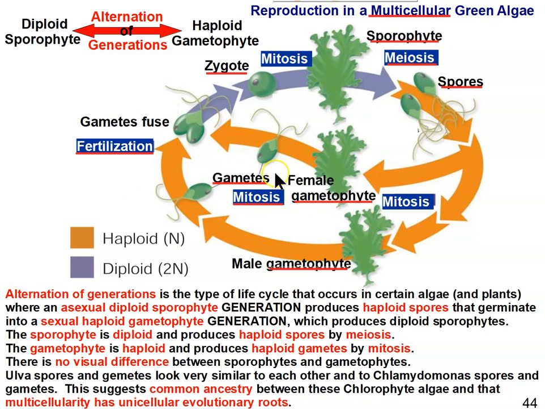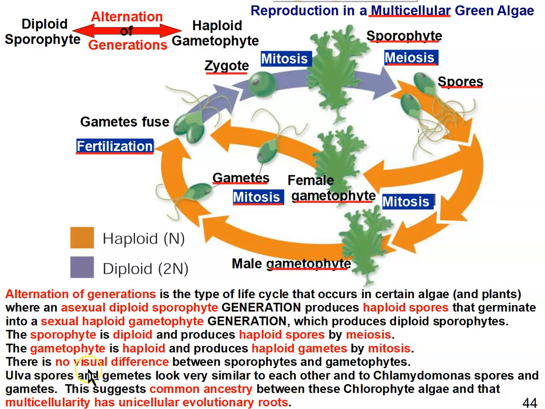They're gametes and spores, but they look like Chlamydomonas. And this suggests common ancestry between the chlorophyte algae. In other words, Ulva here, which is a chlorophyte algae, is pretty closely related to Chlamydomonas, which is a chlorophyte algae, and that multicellularity has unicellular evolutionary roots.